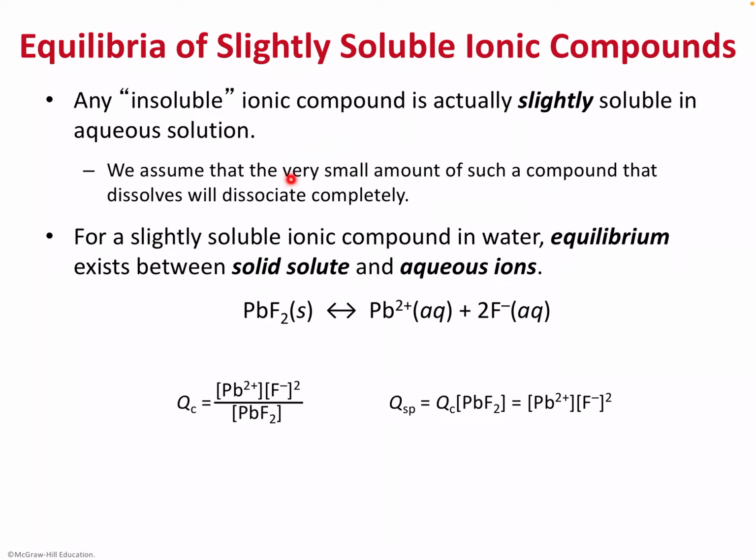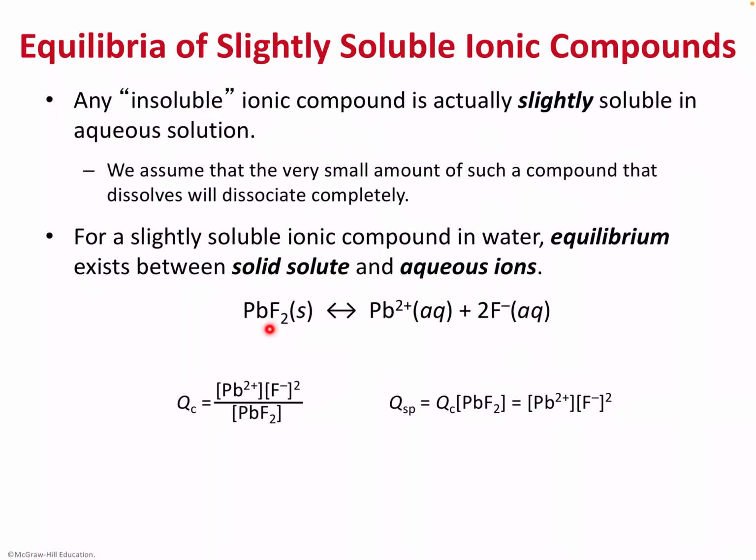We assume that the very small amount of such a compound that dissolves will dissociate completely. So that little bit that is going to dissolve in water, is going to make ions 100%. They're going to dissociate completely. For a slightly soluble ionic compound in water, equilibrium exists between solid solute and aqueous ions, like this.